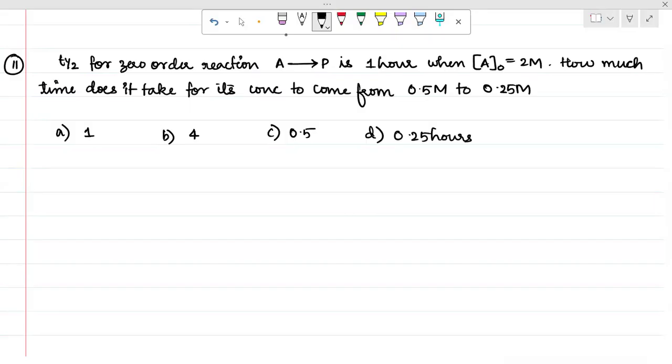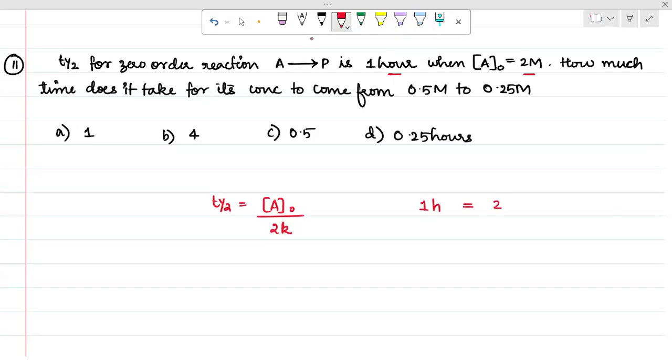Okay. So see, what is the question? They have given the T half of a zero order reaction. What is the equation for the T half? We already know T half is equal to initial concentration by 2 times rate constant. They have also given the value of A naught, and they have given the value of T half, 1 hour and 2 molar. So let's put those values and find something. So T half is 1 hour.